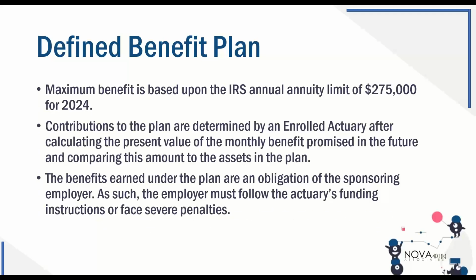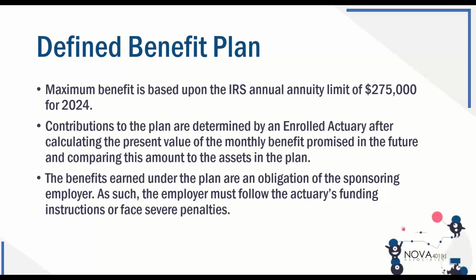The maximum benefit that can come out of any defined benefit plan is $275,000 for 2024. And that's generally adjusted for inflation.